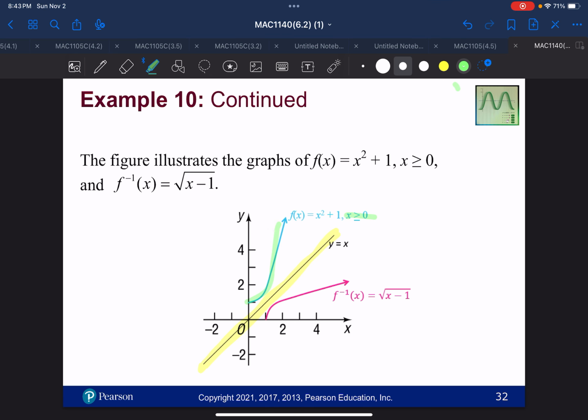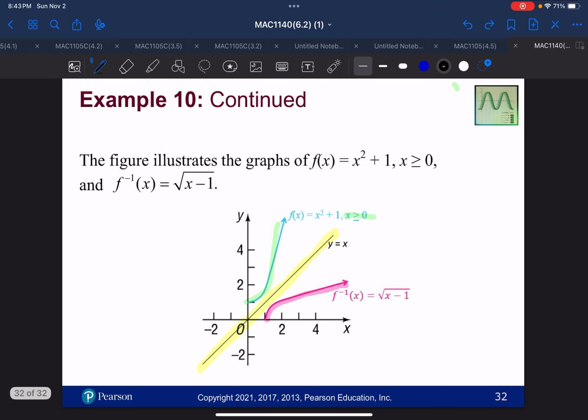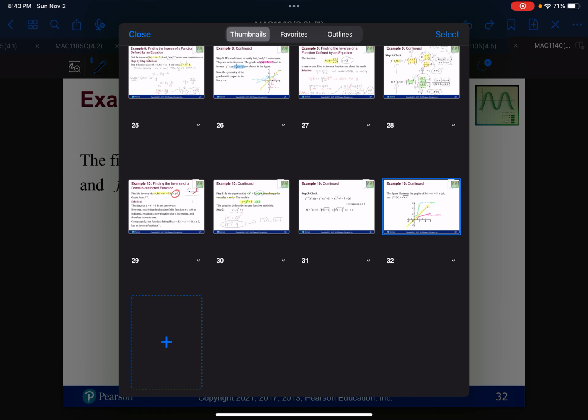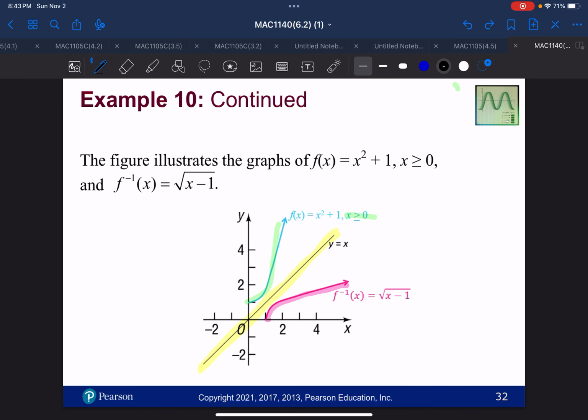And for the inverse, we have restricted y to be greater than 0. But it's already kind of restricted because it's only the positive version of that square root. Okay, so that's actually the end of 6.2.